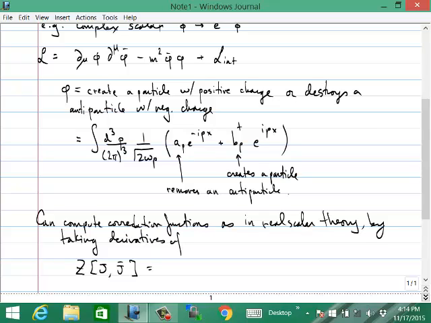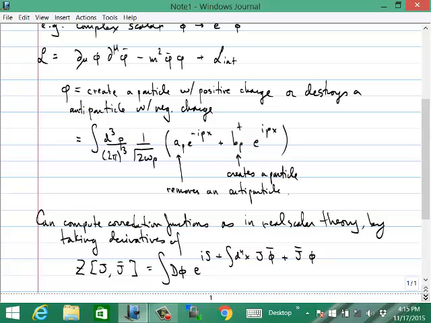And now, rather than introducing a generating function of a single real source term j, we could introduce now a generating function that depends on a complex source j, which is coupled to our scalar field in a way that generalizes the real scalar generating function in a sort of obvious way that is consistent with charge conservation.